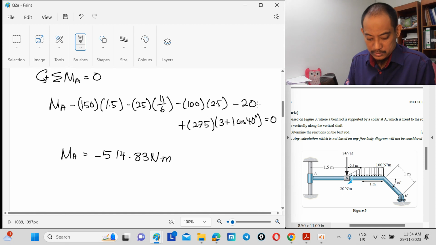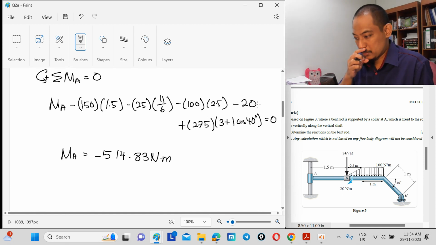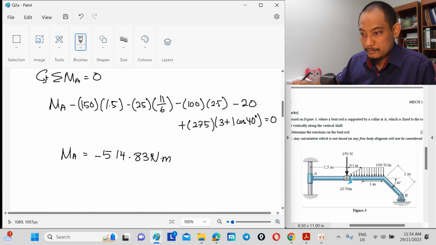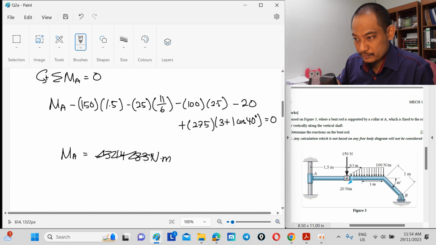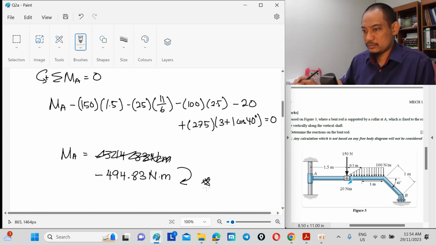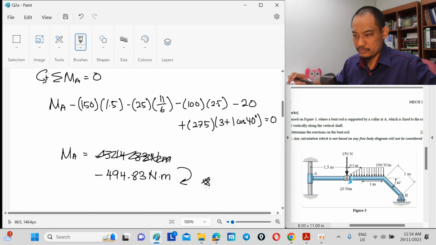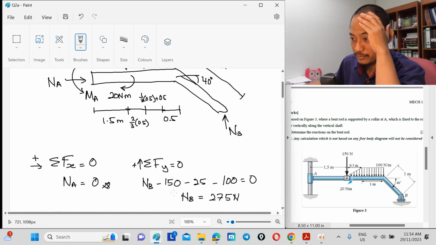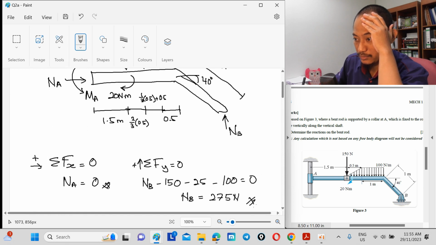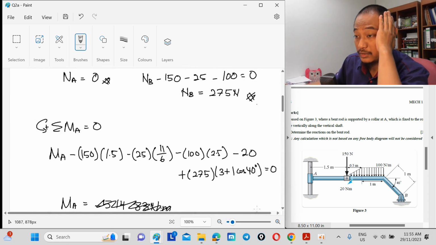In that case, it should be minus 20. So minus 494.83. This minus means it's clockwise actually, right? What does the question want? Determine the reactions. Okay, we have all the reactions.